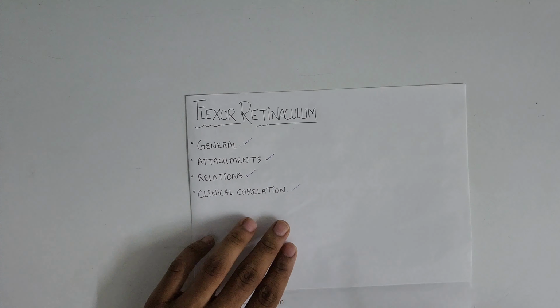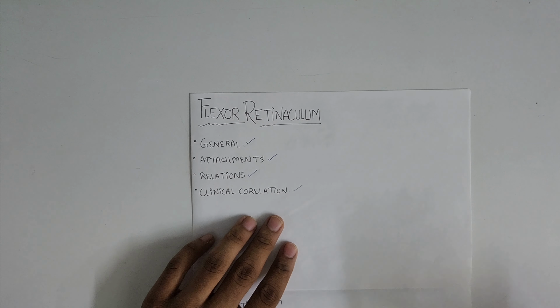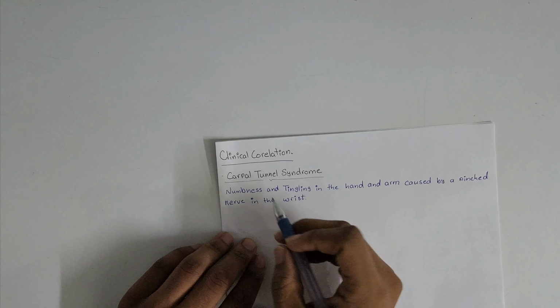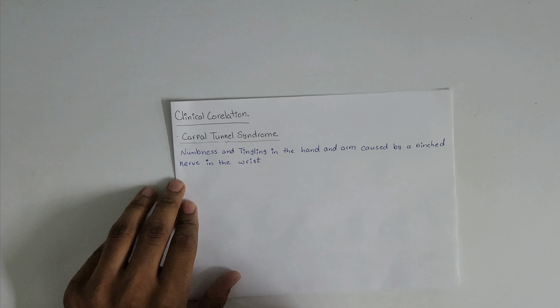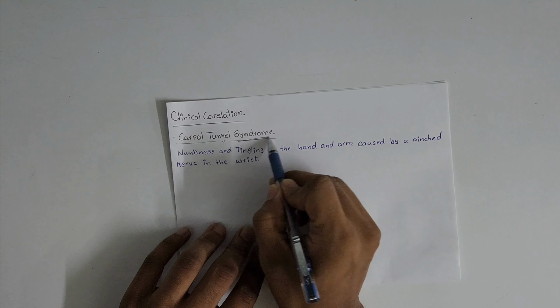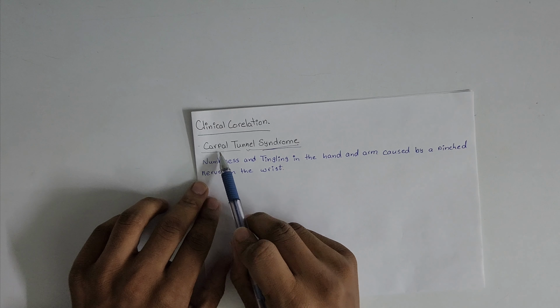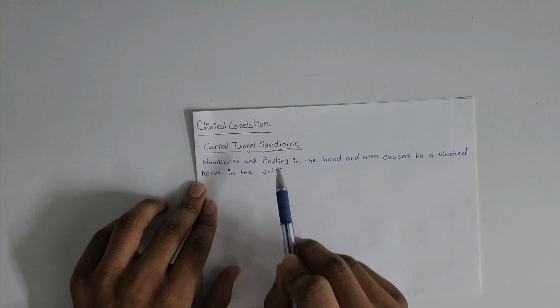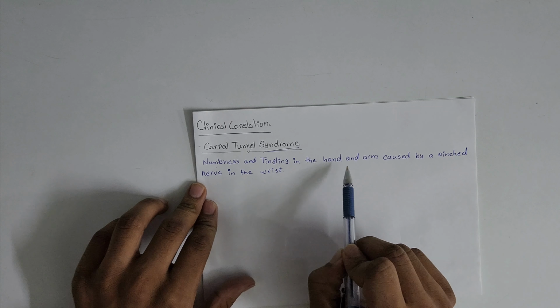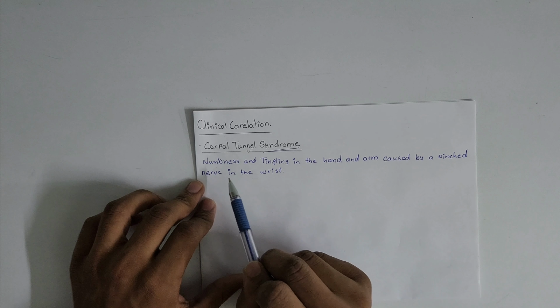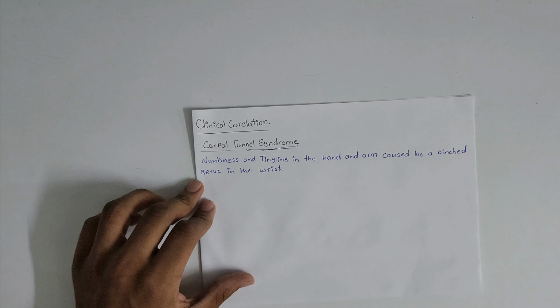Now we are doing the clinical correlation. For clinical correlation, we have carpal tunnel syndrome. What is syndrome? Syndrome is a group of symptoms. In carpal tunnel syndrome, there is numbness and tingling sensation in the hand and arm caused by a pinched nerve in the wrist.